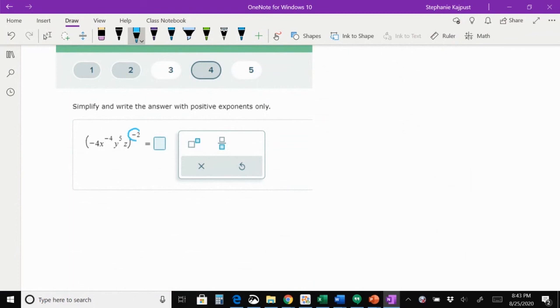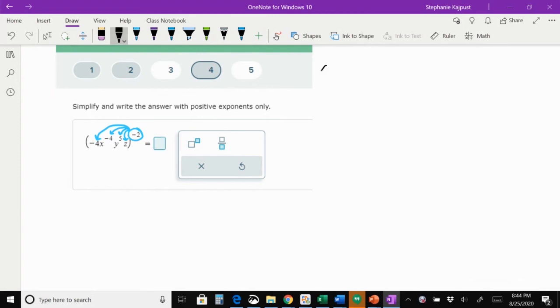So this negative 2 applies to the negative 4. It gets applied to the exponent of negative 4. It gets applied to the 5 exponent on the y, and it gets applied to the z. So everything inside the parentheses, every variable, every number gets that exponent.